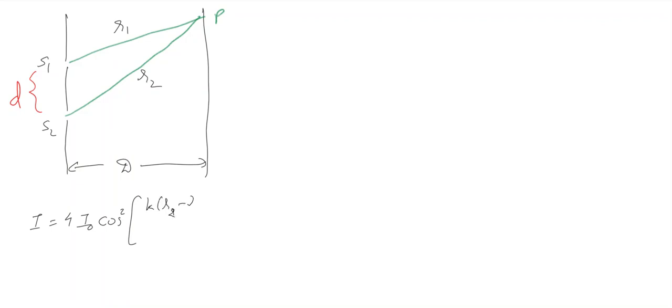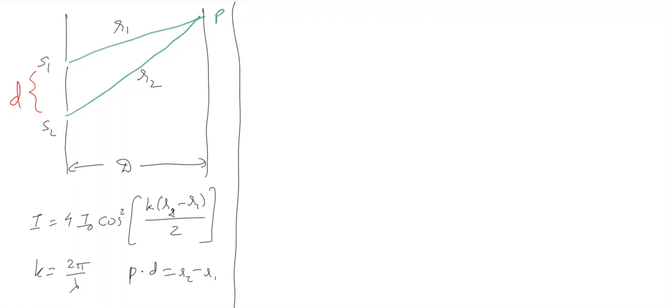Or R2 minus R1 makes no difference, because cos is an even function. So this is the equation, and what is K? K is 2 pi by lambda, and path difference, many of the times referred to as PD, is R2 minus R1 here. What is I0? I0 is the intensity due to simply S1 or only S2. Okay, I is the resultant intensity.